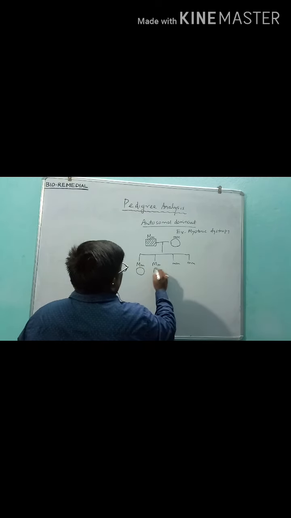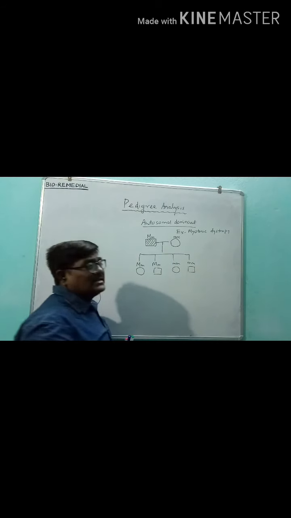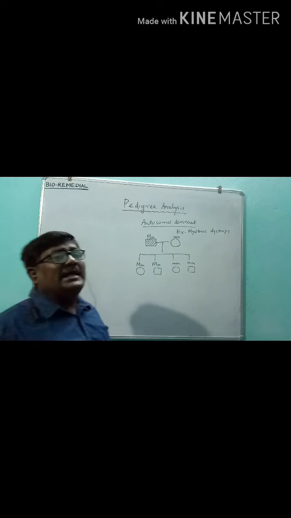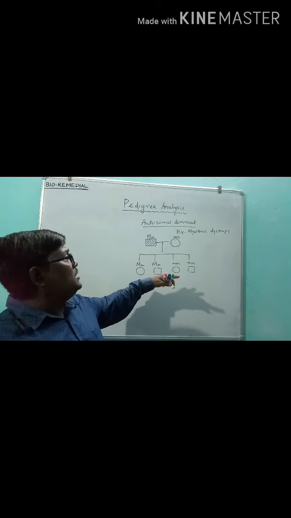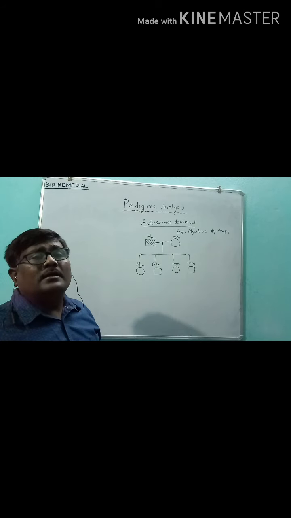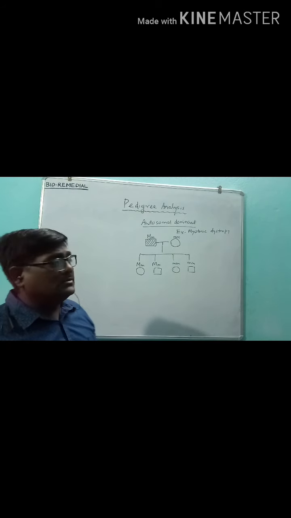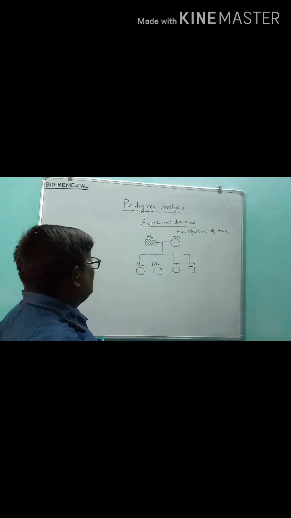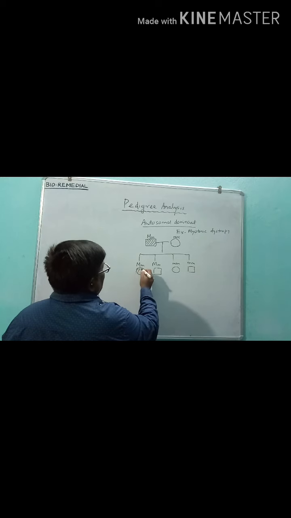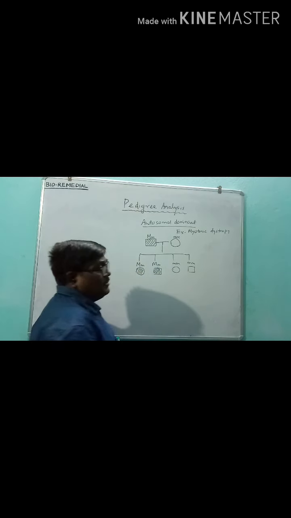It could be two male and two female, there is no fixed sex ratio; the offspring could be in any sex ratio, because it is an autosomal disorder and sex is not the problem. Now one male and one female are defective, and two are normal.